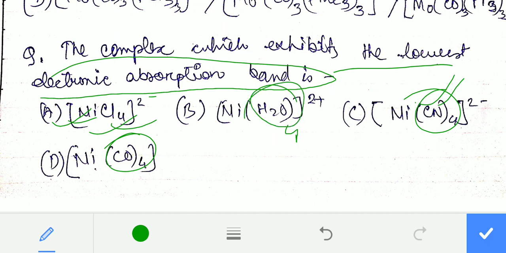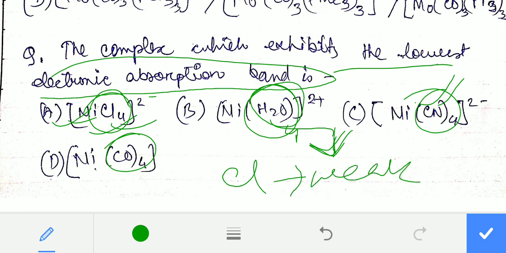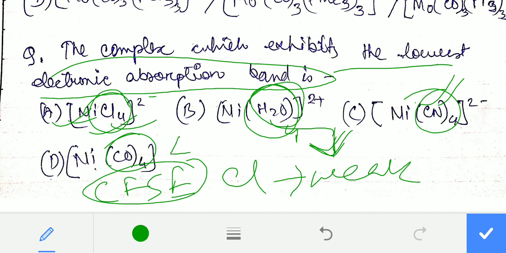If you go to the spectrochemical series, you will find water in the middle region, or sometimes it is considered a strong ligand; it is just intermediate, not a weak field ligand. But Cl is a weak field ligand. Due to the presence of a weak field ligand, this molecule will have a lower delta value, that is, the splitting will be very low.